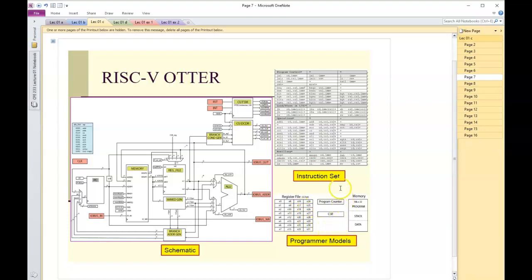In this course, you're going to be programming this stuff, but you're also going to be implementing all this big circuit here, and you'll need to understand both. A pure computer science person generally only understands this much, the programming model. You're going to be able to understand both the programming model and the underlying hardware.